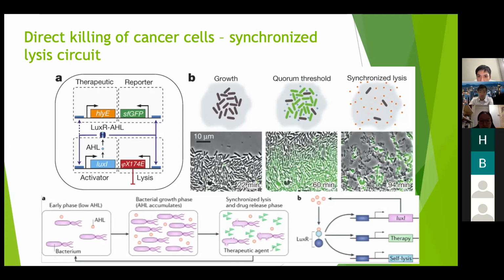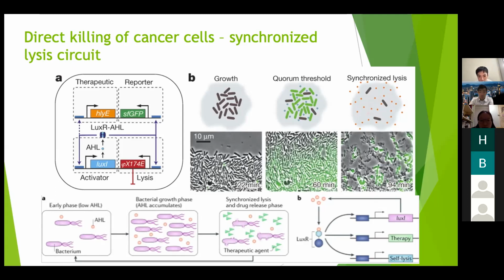This lysis circuit consists of several plasmids that are controlled by the same promoter, LuxI. First of all, the bacteria can produce an auto-inducer protein, AHL, under the control of the LuxI promoter. The AHL protein can diffuse out of the bacteria to communicate with the nearby bacteria, and the AHL concentration continues to increase as the population grows.